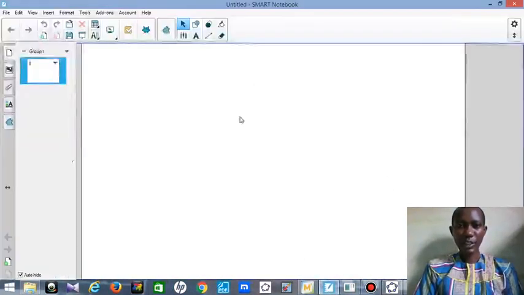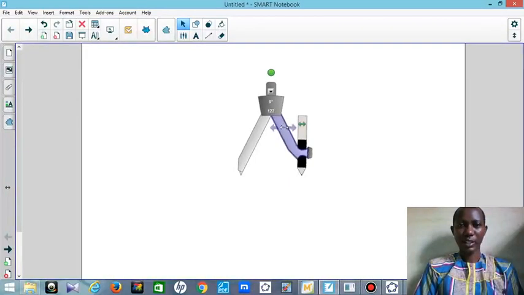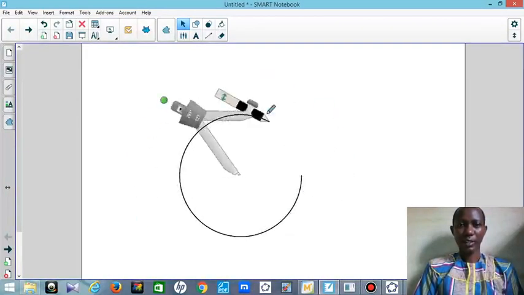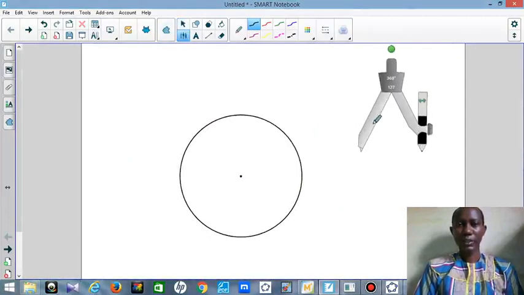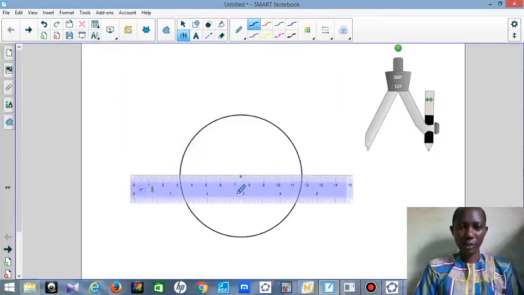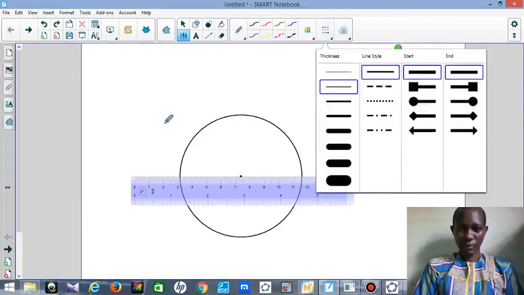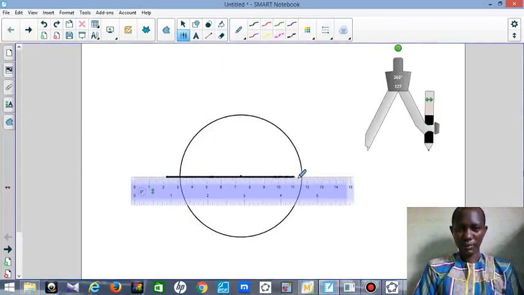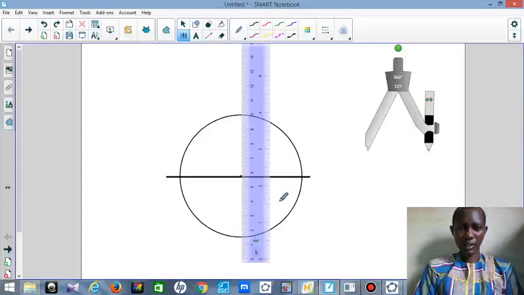Before we solve, let's see how we can sketch it on our solution page. When you want to solve this question, you need to sketch first. Let's get our circle, get the center of your circle, then you get your ruler to label the latitude, like the equator and the Greenwich meridian. You join this like this.